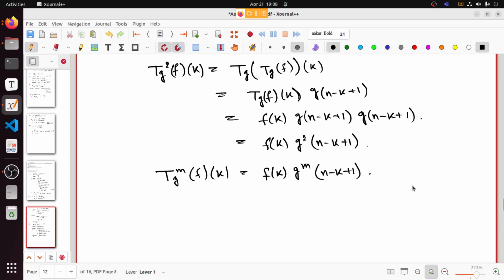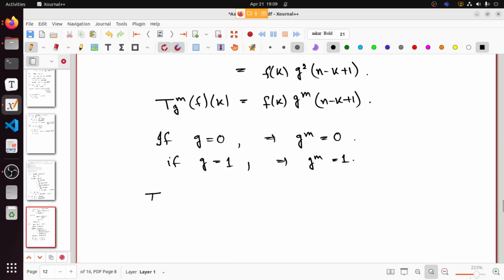But g is taking values in 0 and 1, right? So if g takes the value 0, then g to the power m will be 0, right? And if g is 1, then g to the power m will be 1, right?